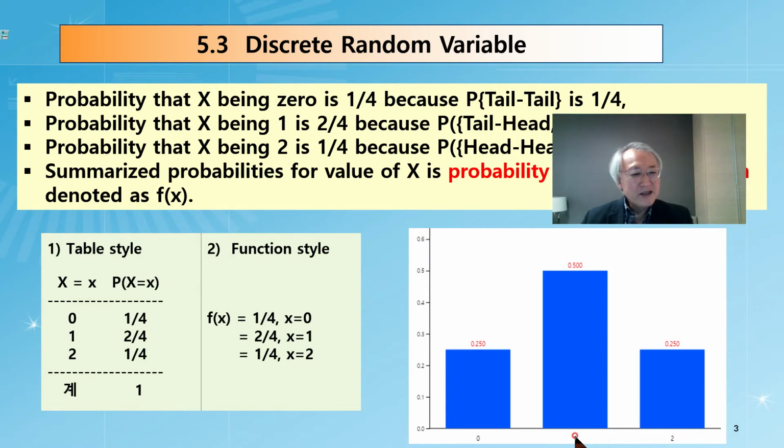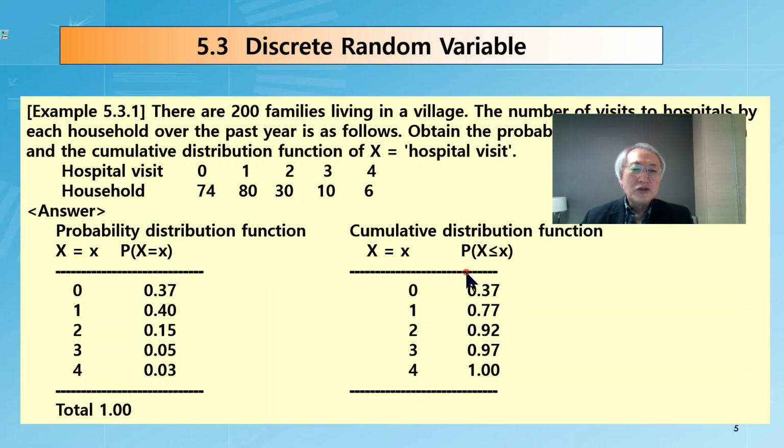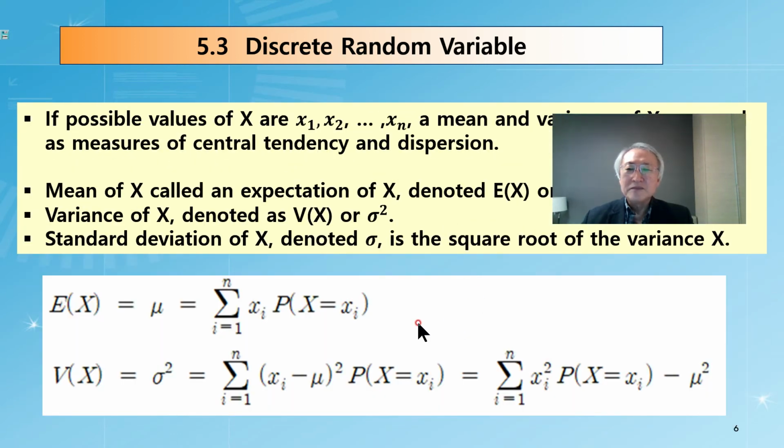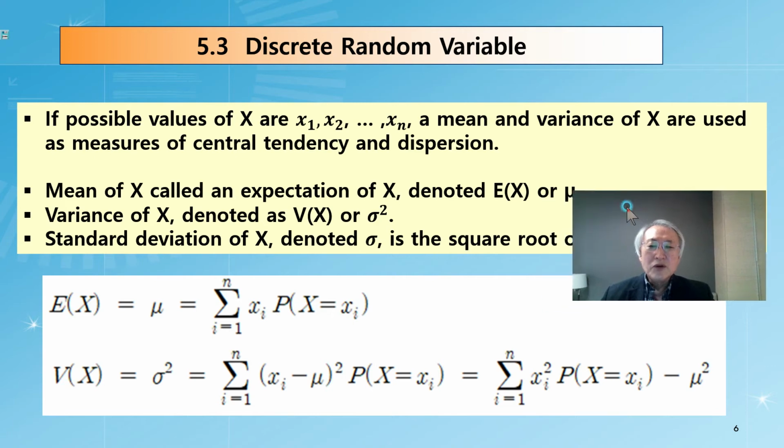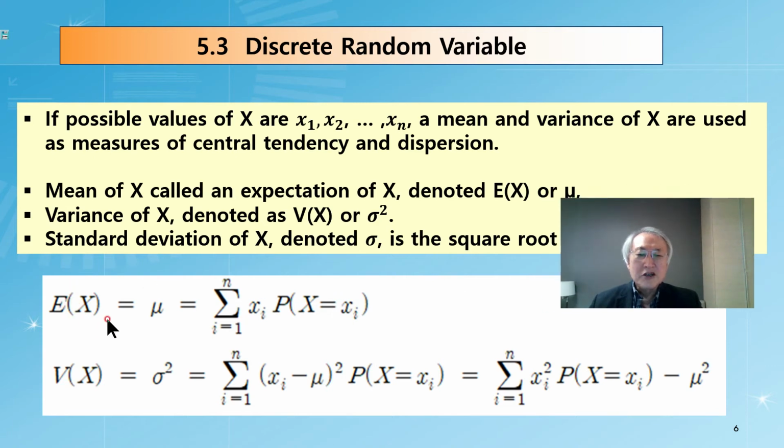Some kind of variance. Considering this is the mean, we calculate some kind of distance from the mean. It is very similar to the number cases. We call the expectation, the central tendency of a random variable, mu, and the calculation is each x_i multiplied by the corresponding probability.